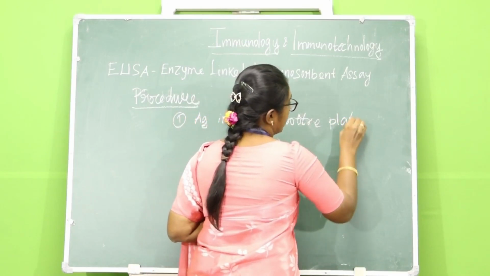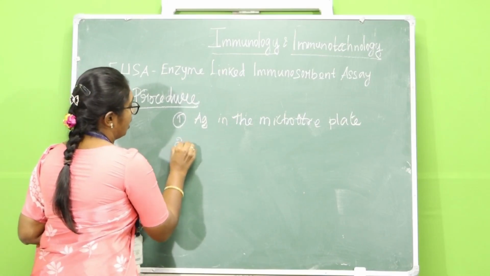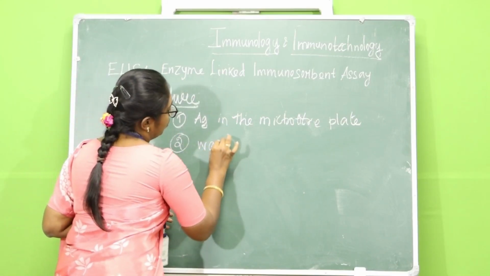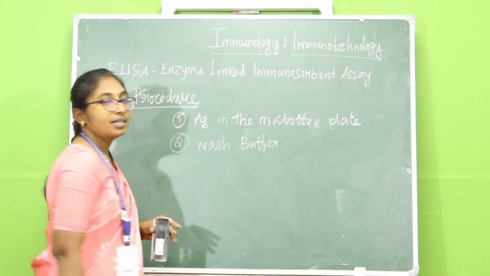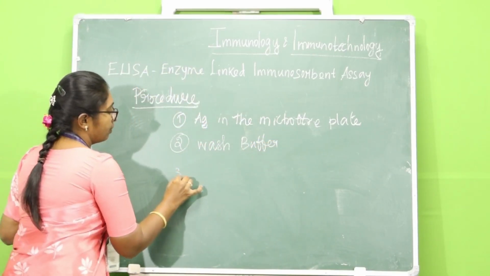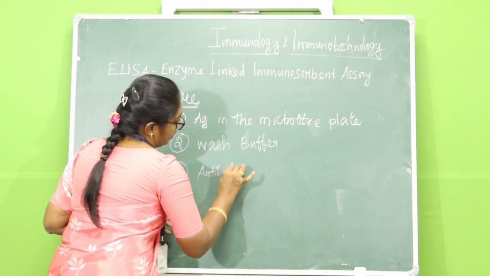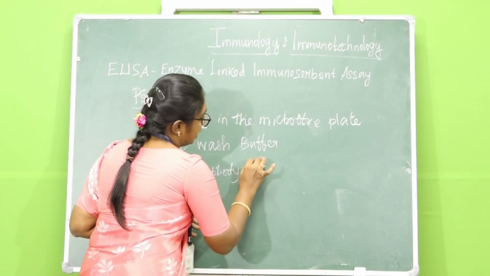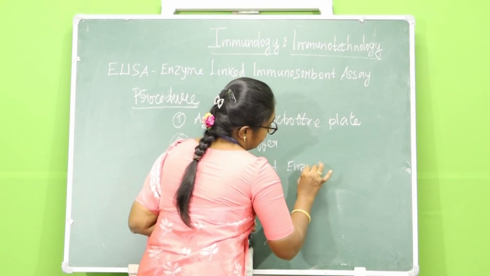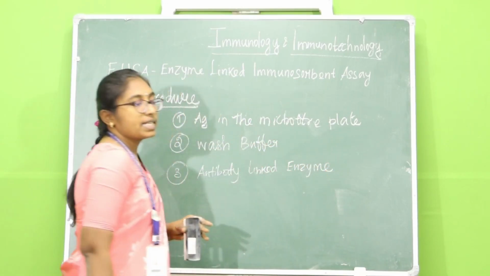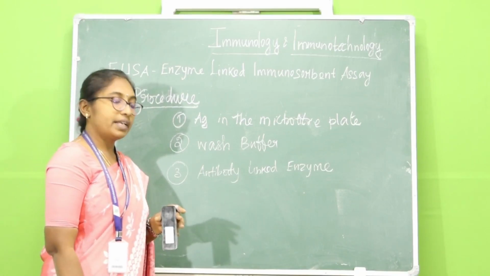After coating the antigen, we have to wash with wash buffer to remove the unbound antigen. Then we add an antibody which is linked with an enzyme. This enzyme-linked antibody will react with the antigen to perform the reaction.